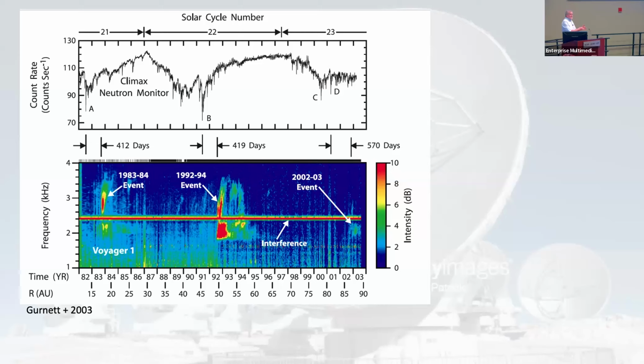Or it's a super shock, the result of accumulation over a period of time during a maximum, that piles up and eventually, like a wave breaking, lands on the heliopause beach, generating a standing Type 2 plasma radiation at the plasma frequency corresponding to these very low densities, around 2 to 3 kilohertz.